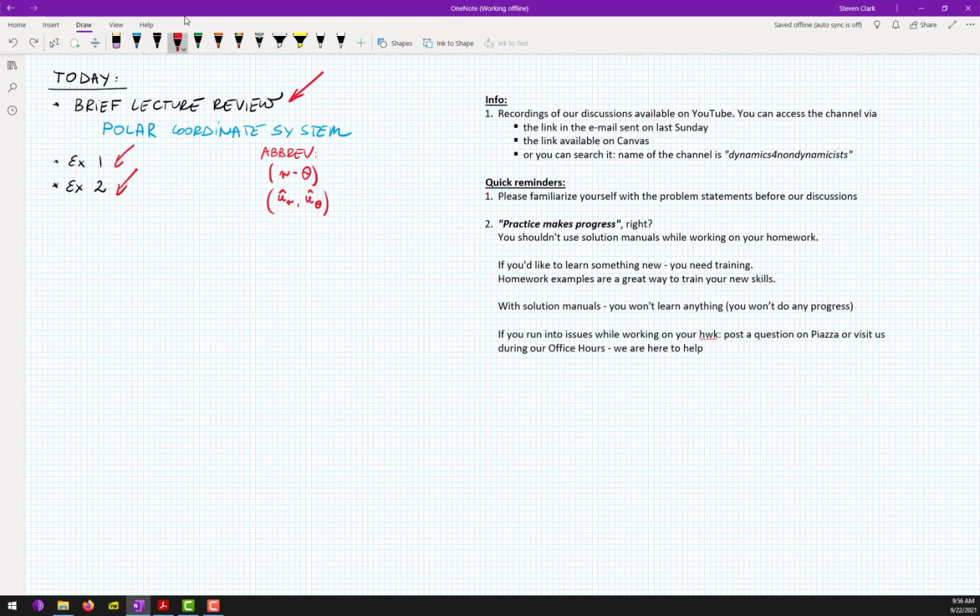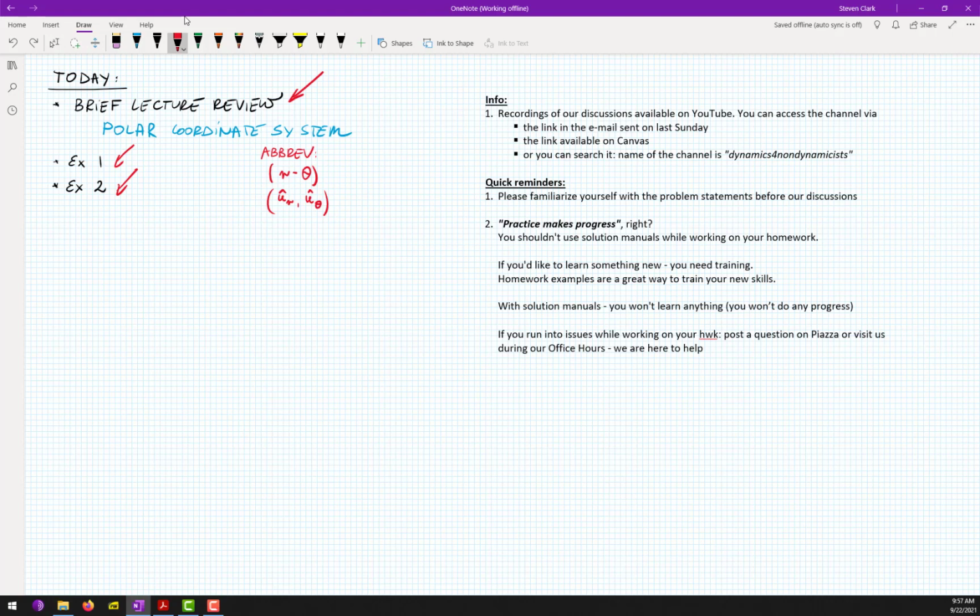If yes, don't use solution manuals, use this thing in here, okay? Use this thing while solving your homework. But the choice is yours. Again, you are adults. Yes, I treat you like adults. I noticed that not everybody at this university treats you like adults. I decided to do it. The choice is yours. And if you run into some issues, just hit us up with questions on Piazza or office hours.